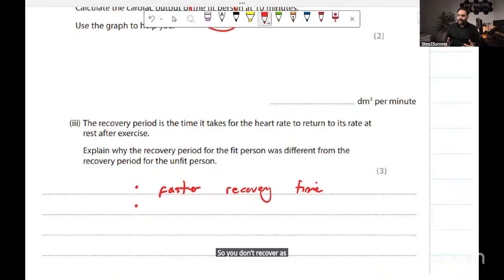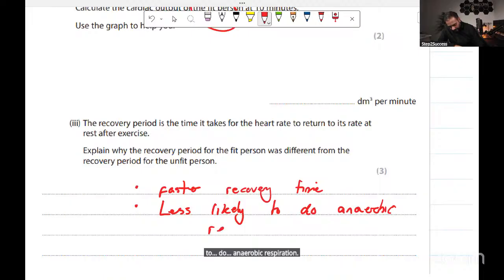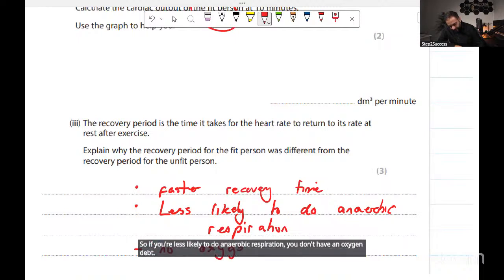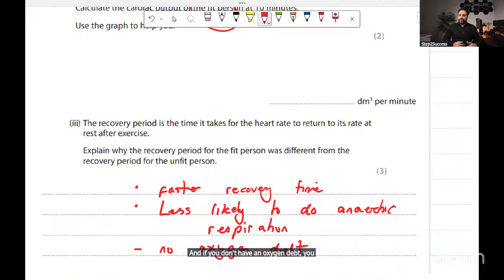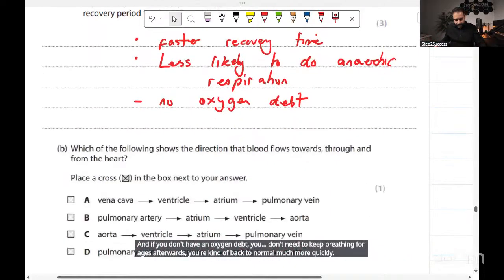If you're fit, you are less likely to do anaerobic respiration, so you don't have an oxygen debt. And if you don't have an oxygen debt, you don't need to keep breathing for ages afterwards. You're back to normal much more quickly. Okay, that should be that.